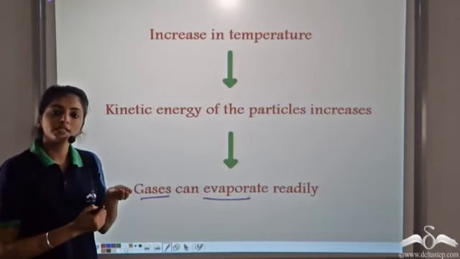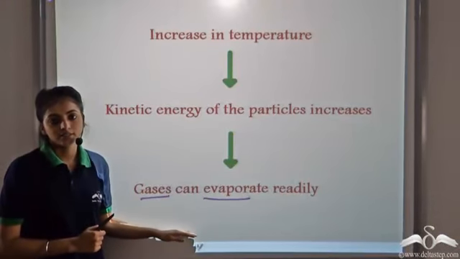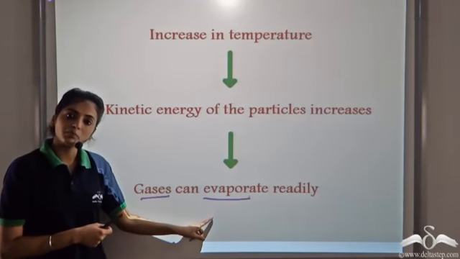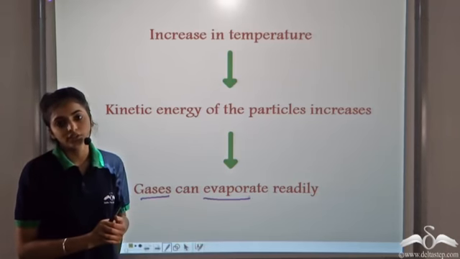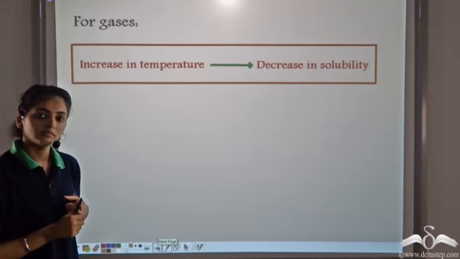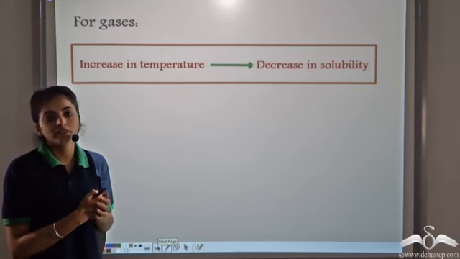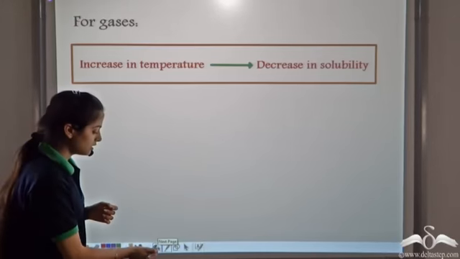So on increasing the temperature, the solubility of the gases decreases. As we increase the temperature, the gases readily evaporate. This decreases the solubility of gases in the solvent. So with the increase in temperature, the solubility of the gas particles in a solvent decreases, and it is opposite for the solid particles.